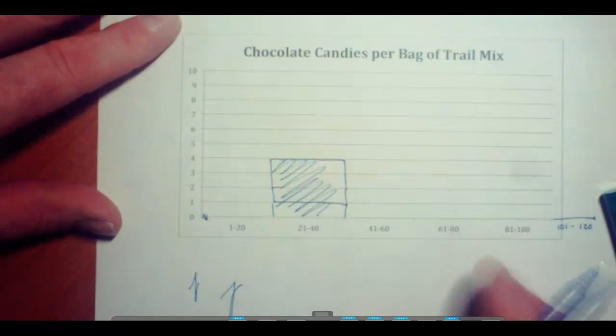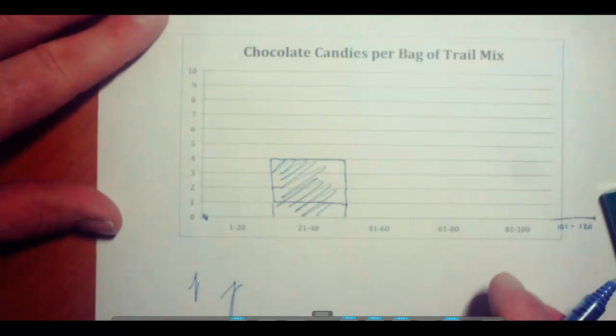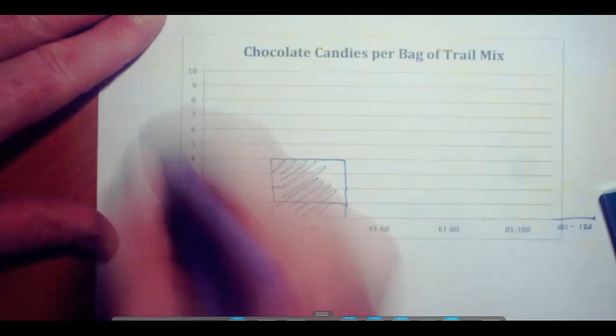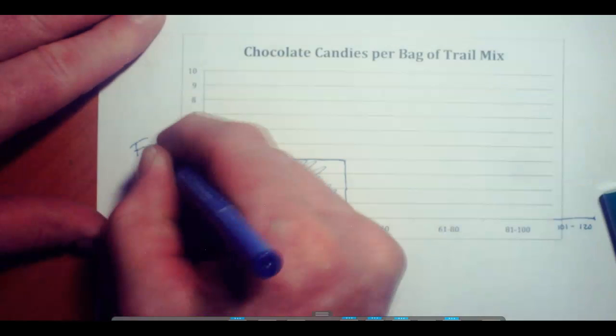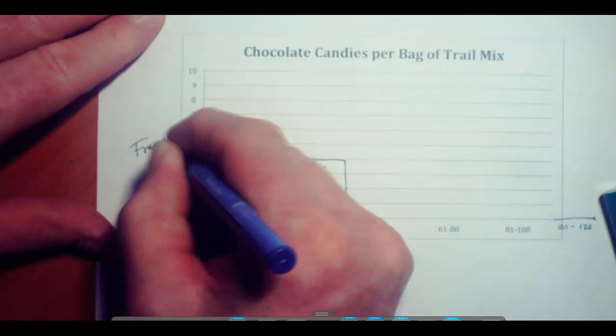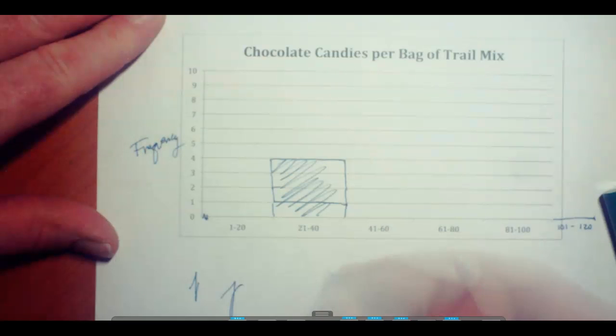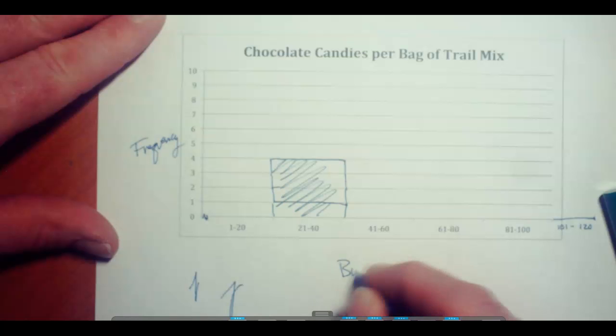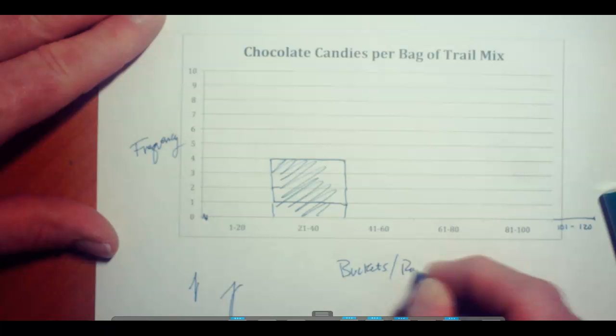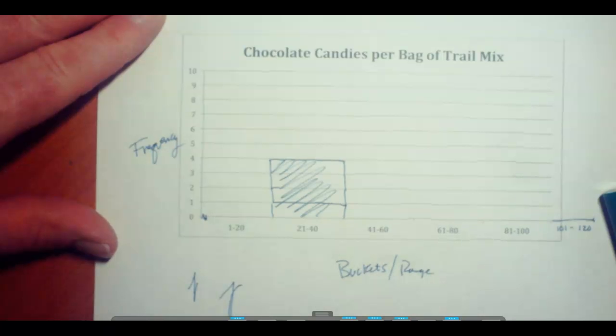And you can do the rest for the others. It's different than a bar graph, because this is showing the frequency over here, the frequency of the scores. And these are the buckets or the ranges of those scores. Okay, good luck.